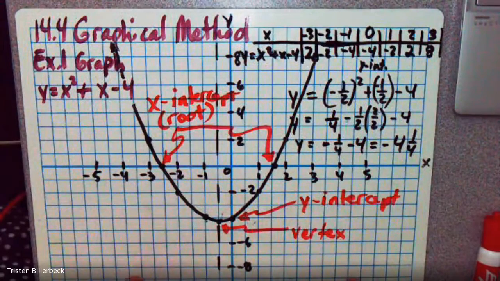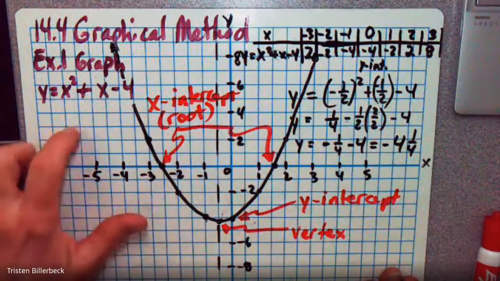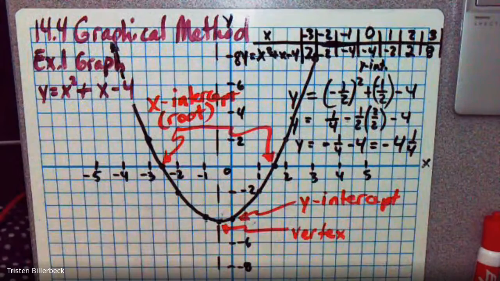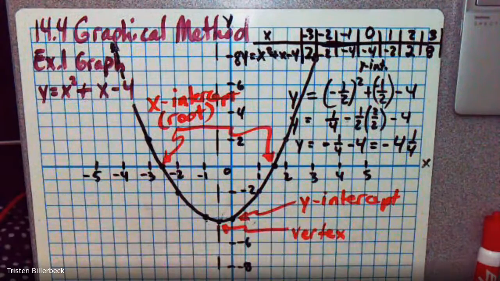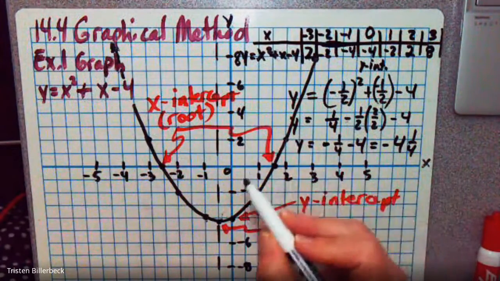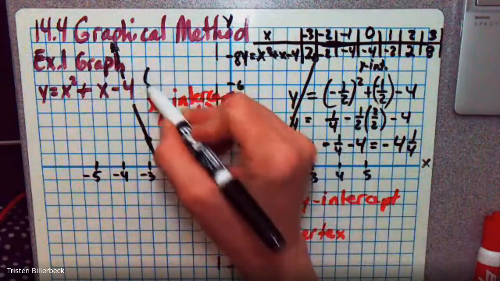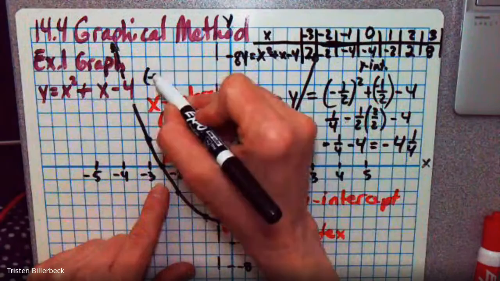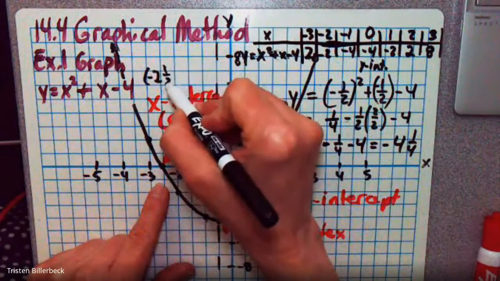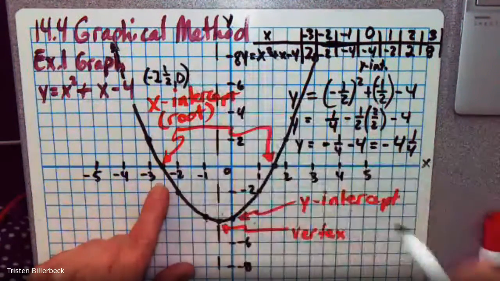Okay, we'll come back to this when we finish, and we're going to apply the quadratic formula to this to figure out exactly what those roots are. But if we're going to approximate it, the roots are approximately at, that looks like -2 1/2, 0 is one of them.